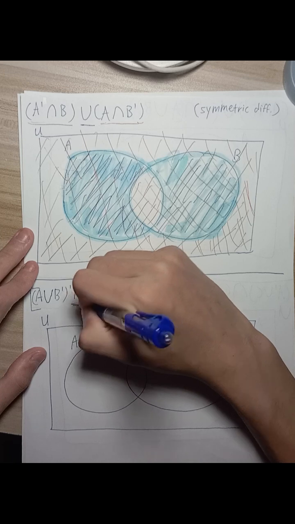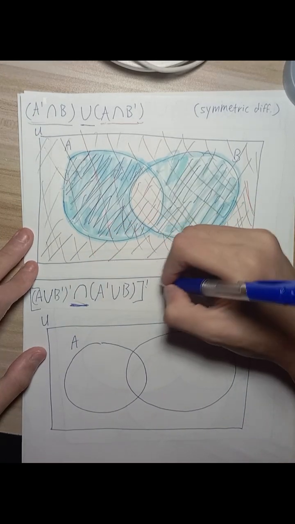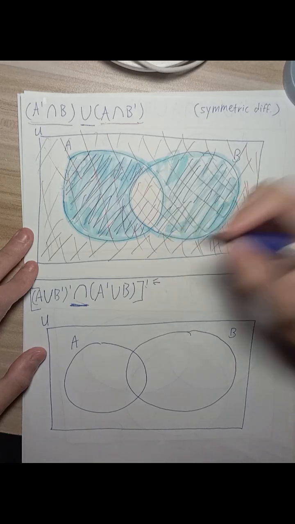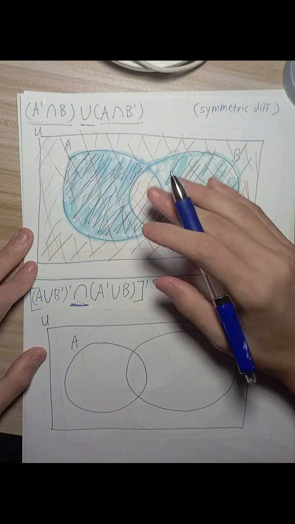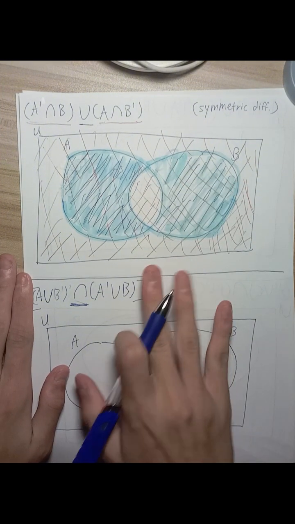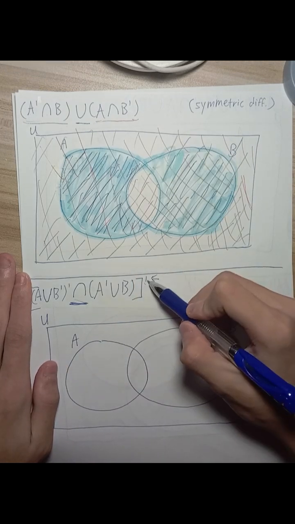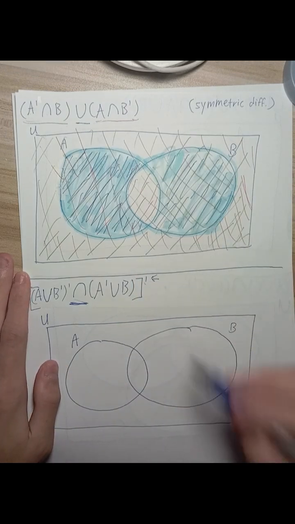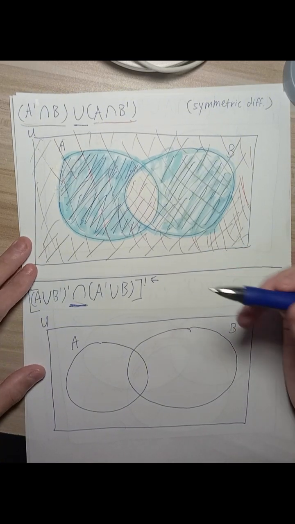So the intersection is the main operator, and you have to worry about this complement over here. So that means that if we solve this part already without this thing, so when we add this thing, we cannot shade the areas that are already shaded, and we must shade the areas that are not originally shaded.